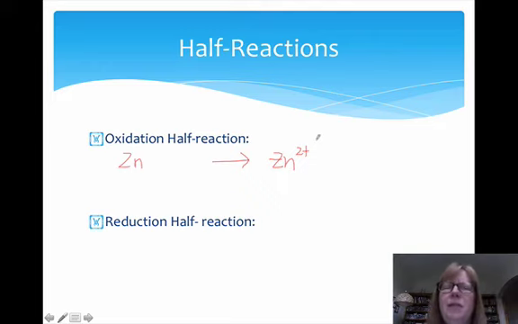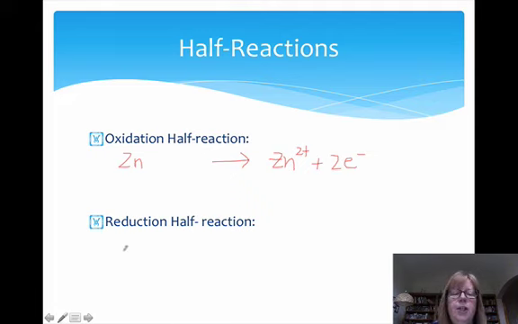We're trying to make this a little simpler. Here zinc has a 0 charge. Over here it has a +2 charge because it lost 2 electrons. This side is +2 plus -2, no charge, and no charge over here. This is what we call the oxidation half reaction.